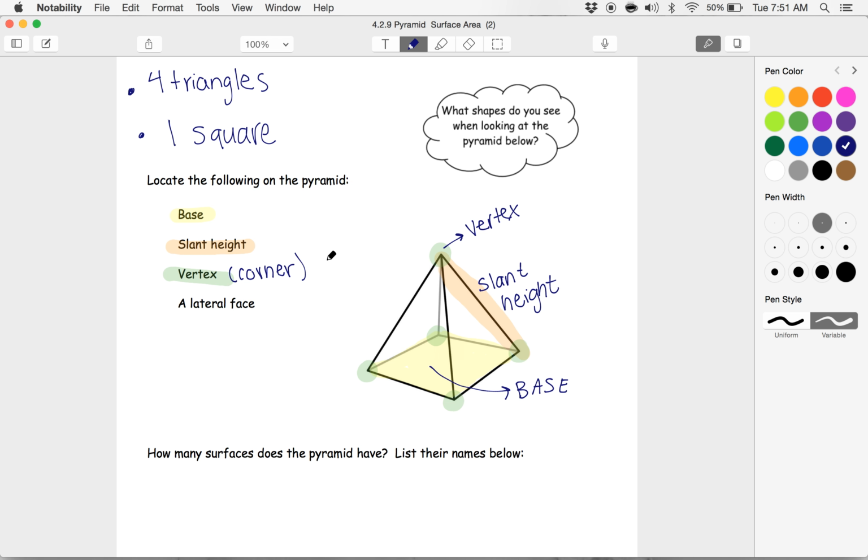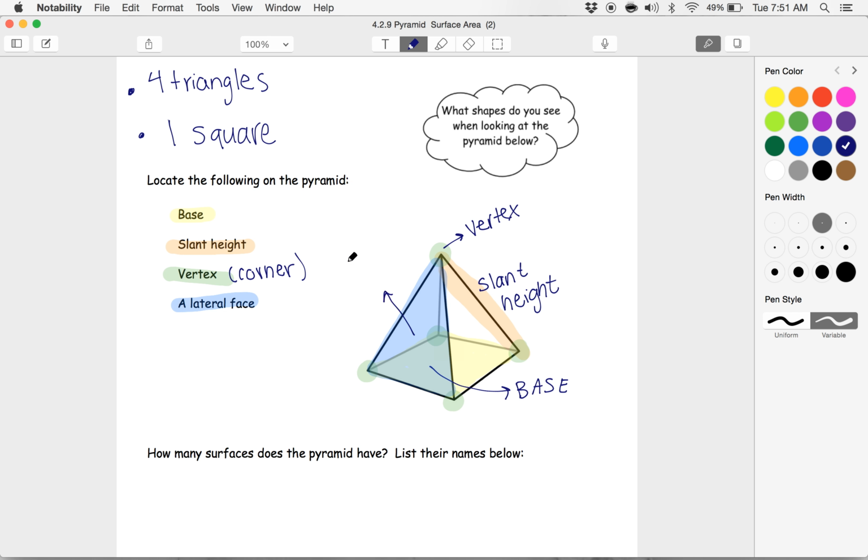And then the last one that we have is a lateral face, which I'm going to do in blue. I haven't done blue yet. A lateral face is any of the faces. We actually talked about these already. This thing technically has 5 faces because it has your 4 triangles and your 1 square.